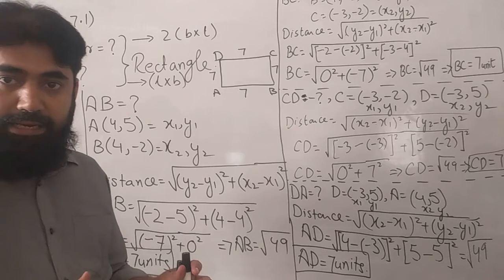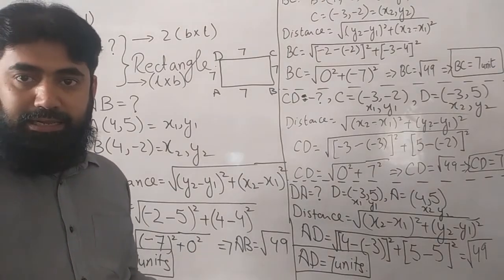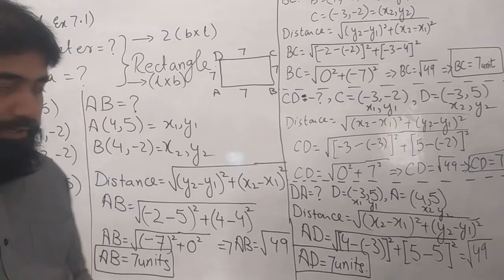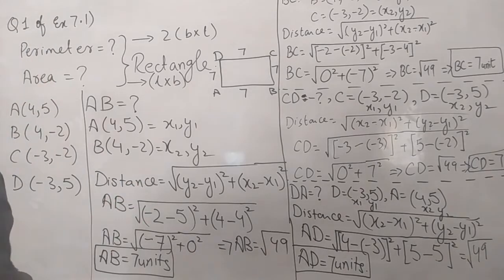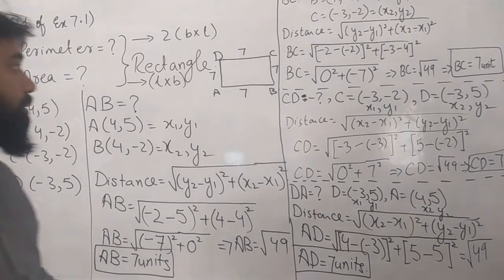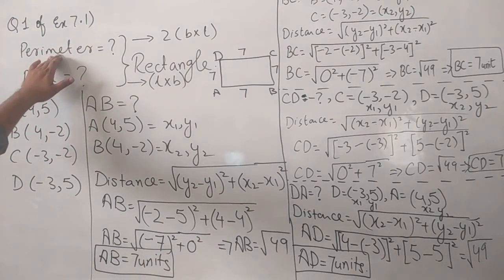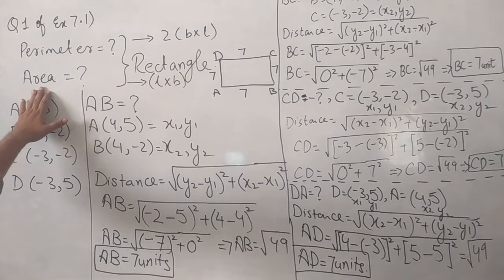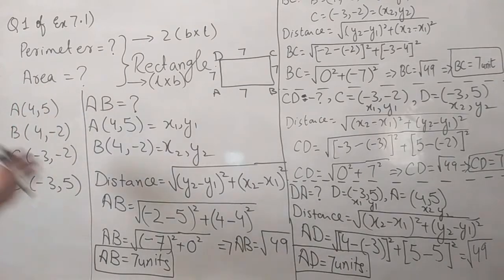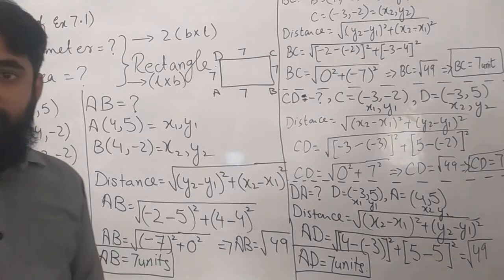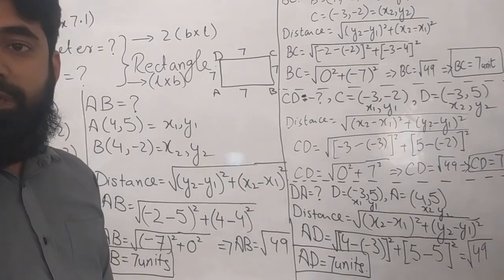So this is the scenario. So that's why they have written rectangle, but the answer is coming in square form. So don't get confused with that. Okay, last thing. What was the main question? They have asked for perimeter and they have asked for area. So I have got all the values. I am going to write all the values on a new board and then we are going to complete it.